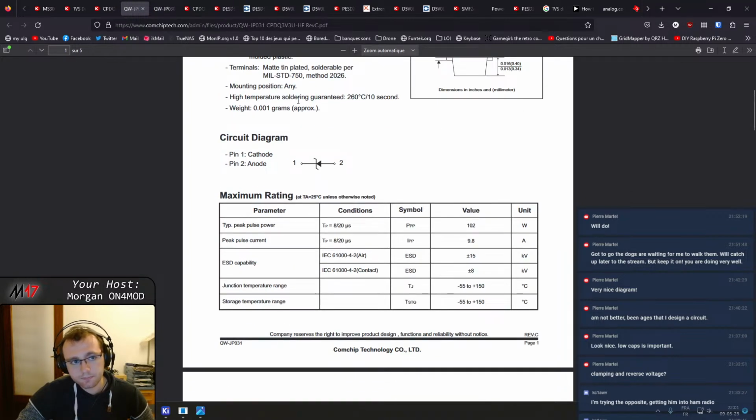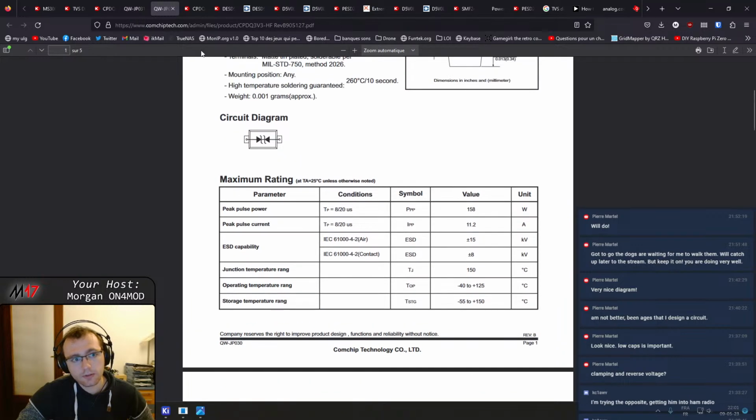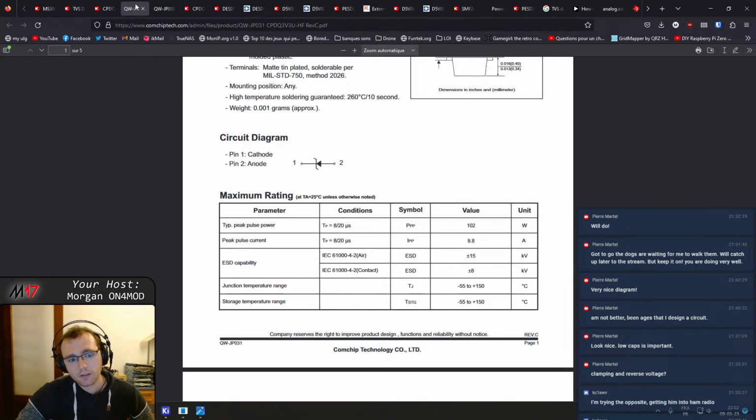Okay, it seems to be kind of the same voltages, except that the pulse power is lower, but it's not a very big deal.